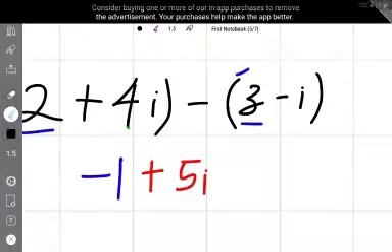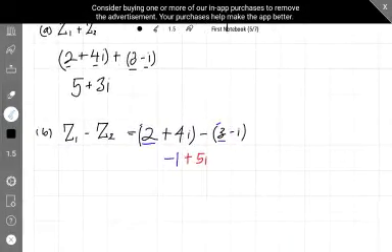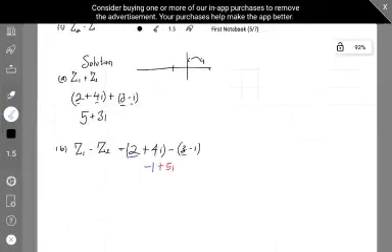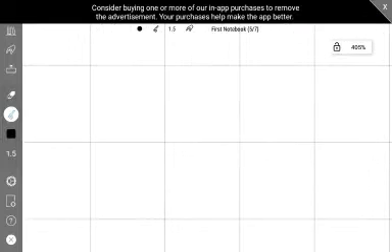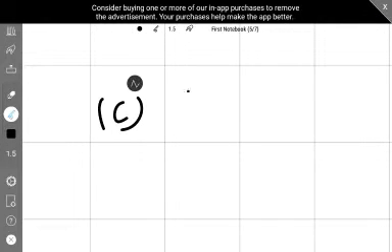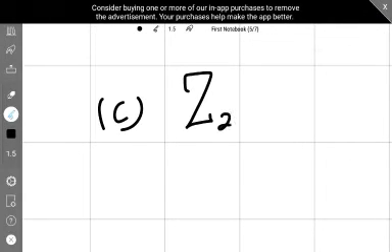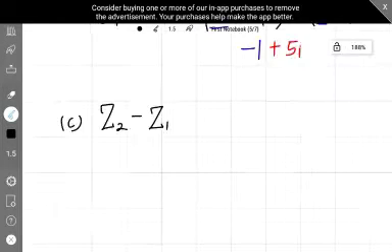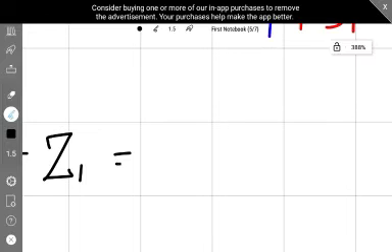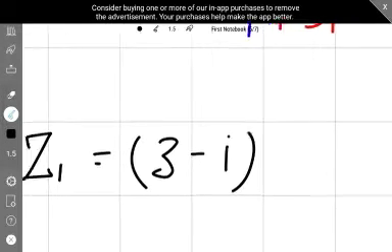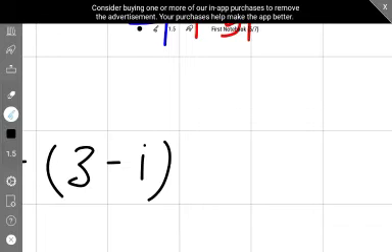And for the third one, we have C part, z2 minus z1. z2 is 3 minus i, and z1 is 2 plus 4i.